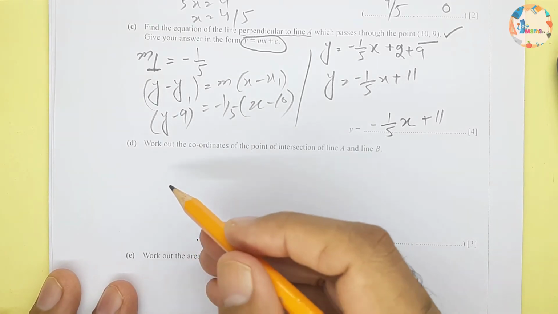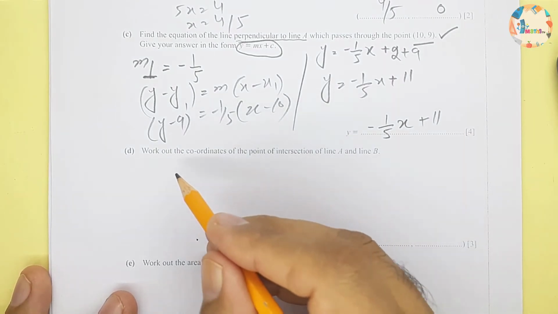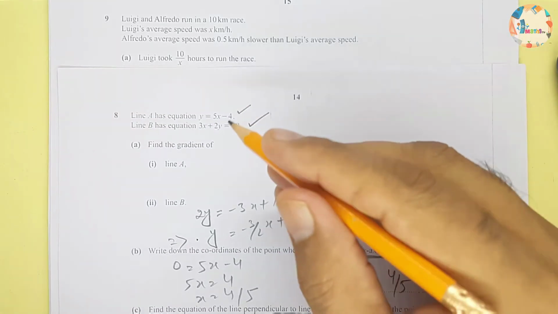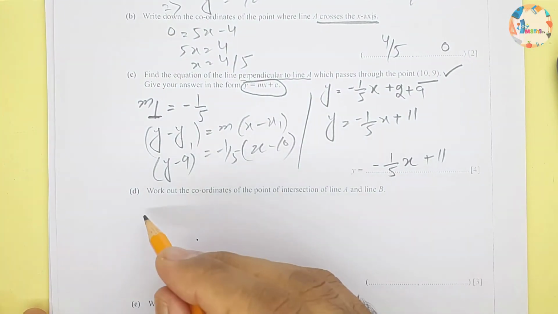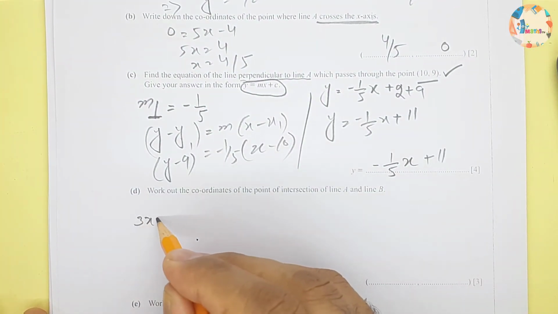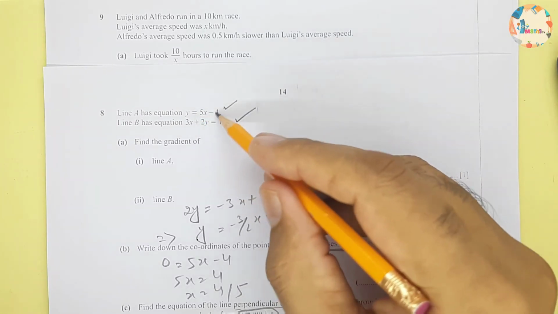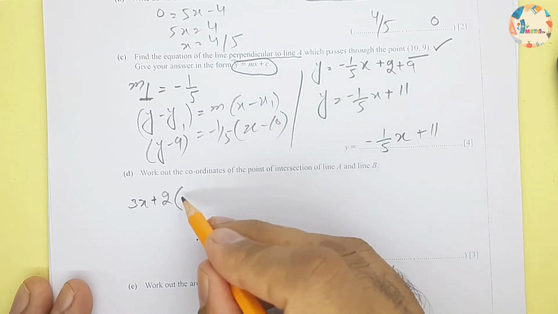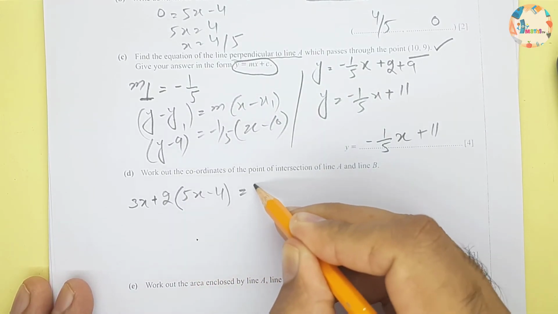So we will equalize those two lines, which is basically replacing this value of y in the second one. So the second equation will become 3x plus 2y, and the y value we take from equation 1, which is 5x minus 4. So 3x plus 2 times (5x minus 4) is equal to 18.